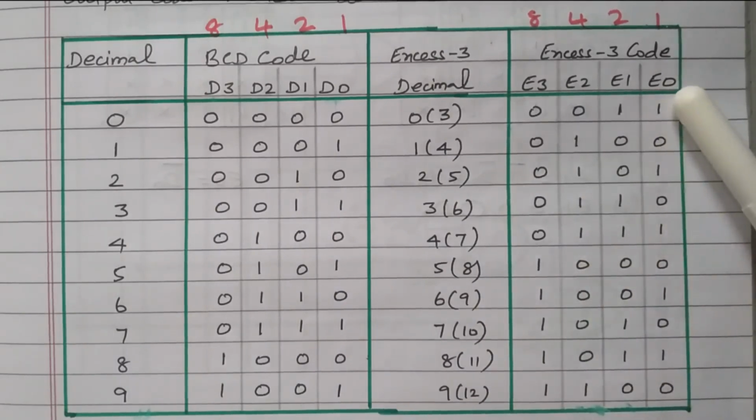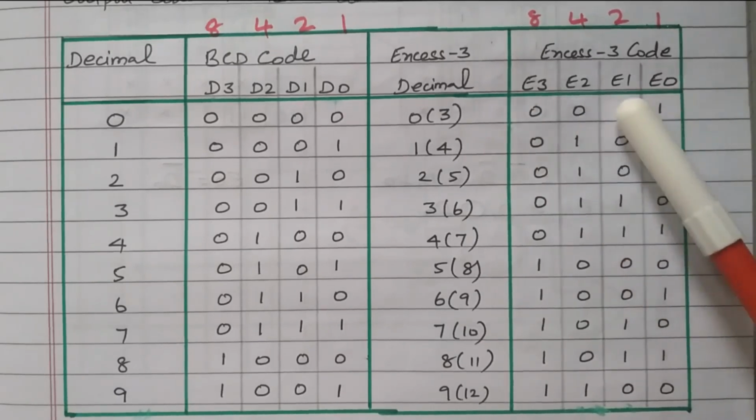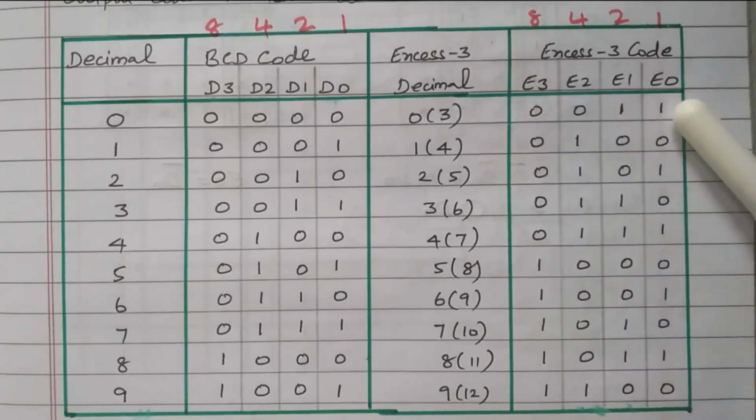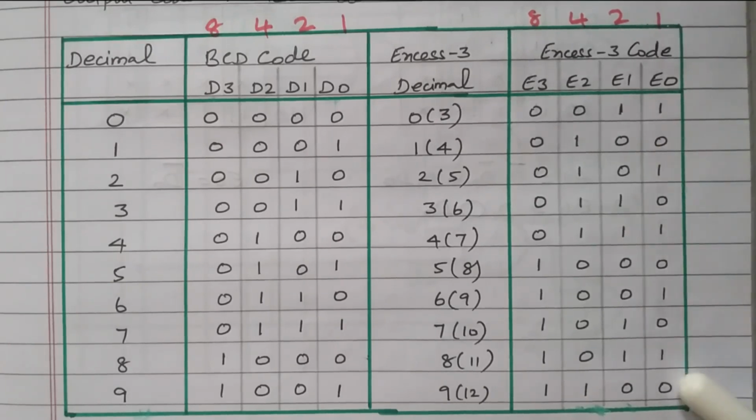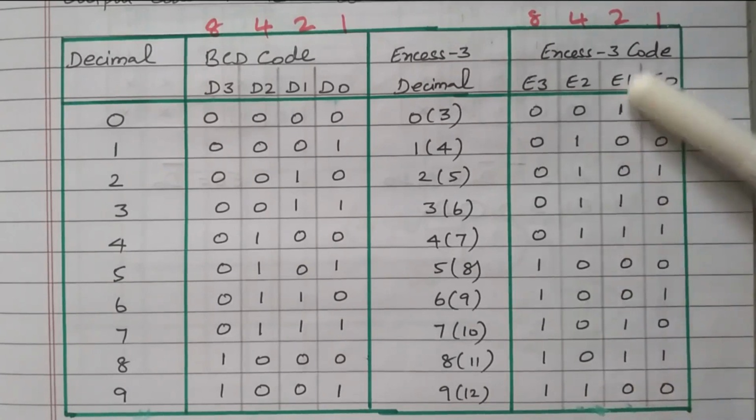By using the Karnaugh map, we can obtain the simplified form of the Boolean function for E0, E1, E2 and E3. Right? Wherever 1 is available, it is marked as 1. Wherever 0 is available, it is marked as 0. For example, in E0, 1, 2, 3, 4, 5, 5 ones are available. In E1, 1, 2, 3, 4, 5, here also 5 ones are available.